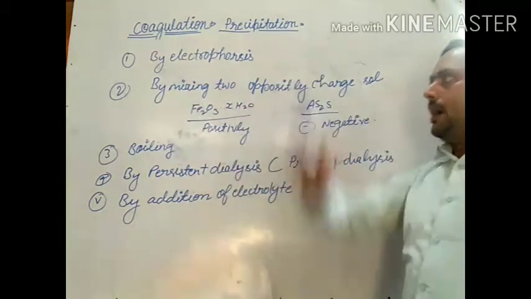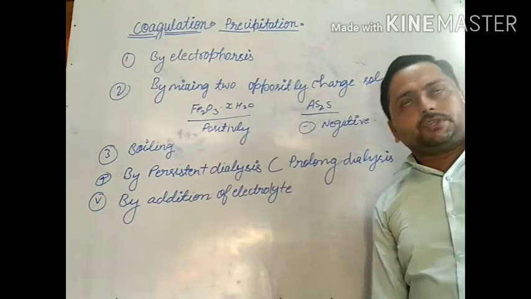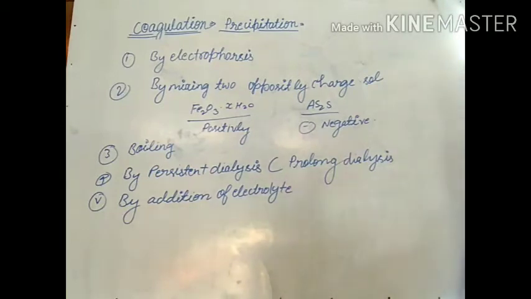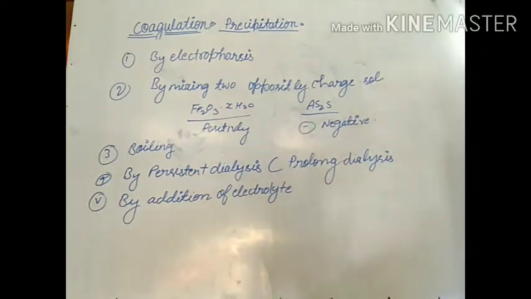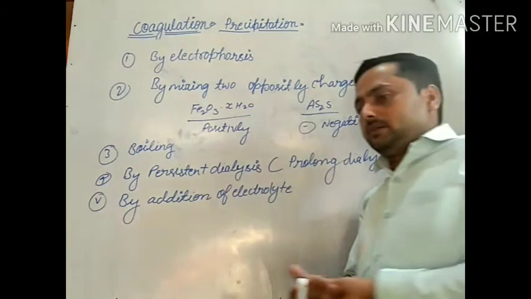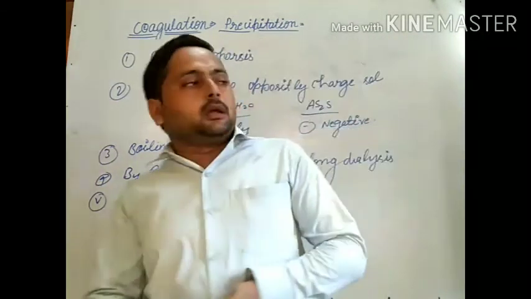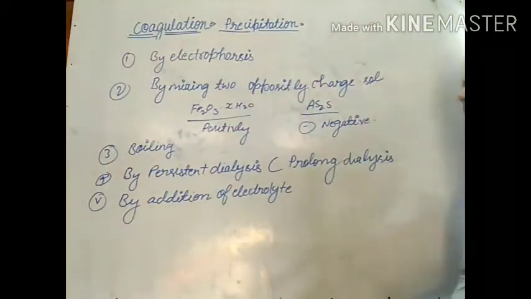By electrophoresis, we have discussed: colloidal charged particles get collected at the opposite electrodes, causing coagulation. By mixing, we have already discussed that colloids carry either positive or negative charge.